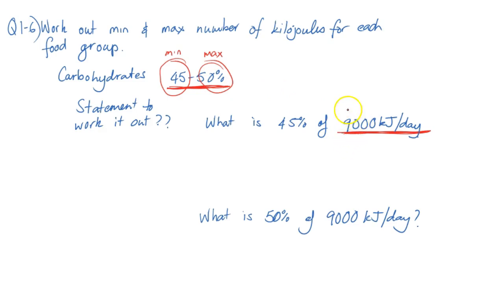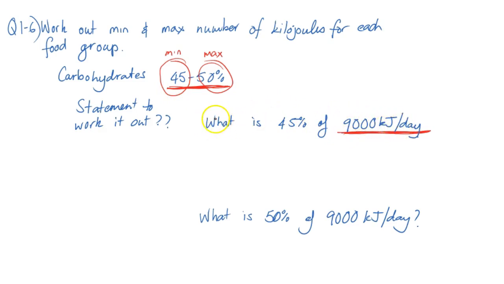Now in your head you'll know that 50% of 9,000 is going to be half of that, which is about 4,500. But we also need to figure out what 45% is as well. So here's our statement. I need to know for the minimum what is 45% of 9,000.